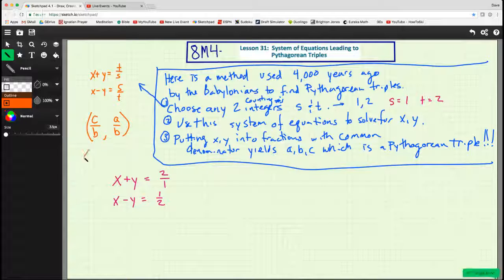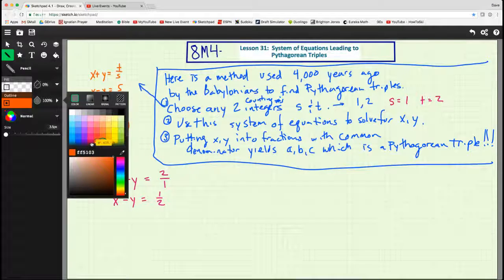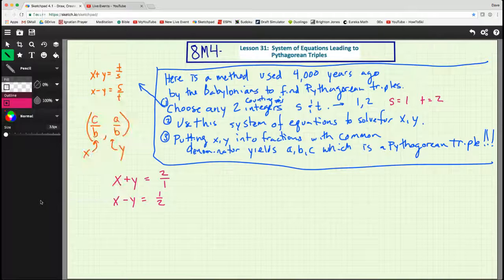And so this would be our X, and this is our Y. So if we solve for X and Y and we put them in fraction form, then our Pythagorean triple will be A, B, and this should be the same, and then C. So let's watch how this works. It's totally cool. It might be a little mysterious and not make full sense to you right now, but let's just work through this. And this is the coolest thing ever.